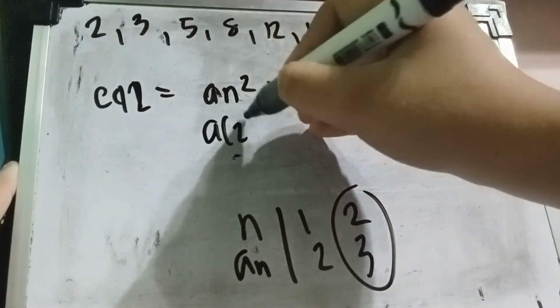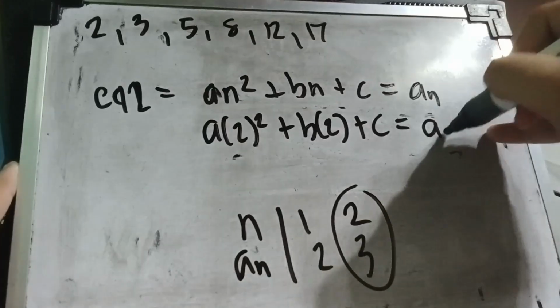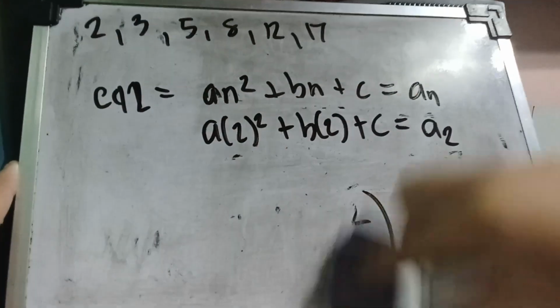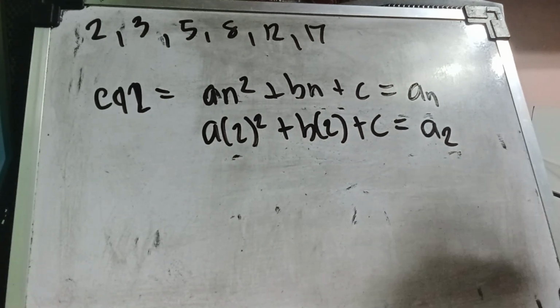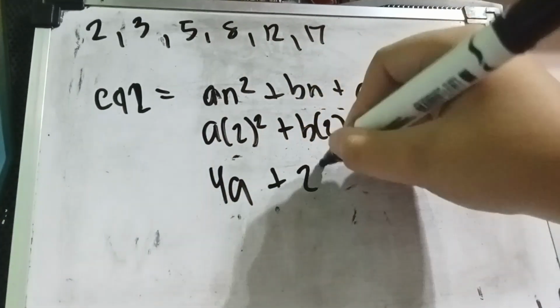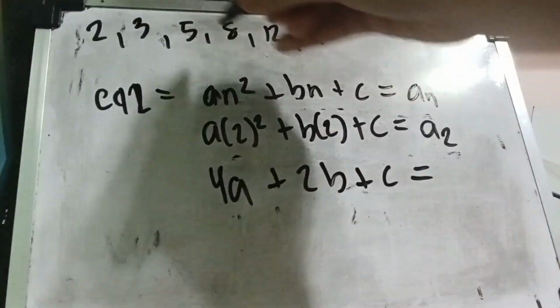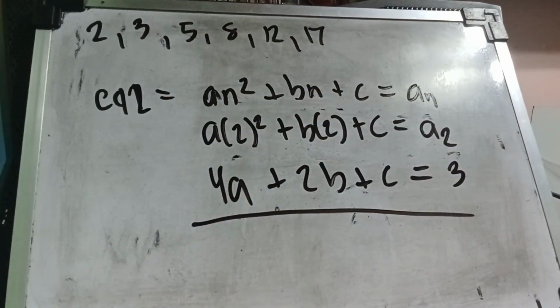So, a plus b plus c is equal to a sub 2. Okay? So, ito na talaga. Kailangan mo na ilagay yung squares. So, of course, 4a plus 2b plus c is equal to 3. So, this is our second equation.